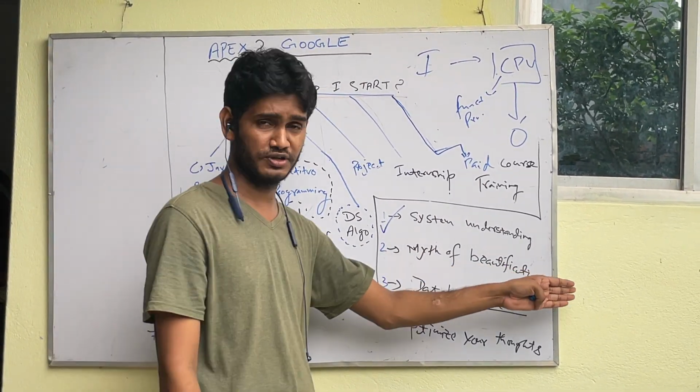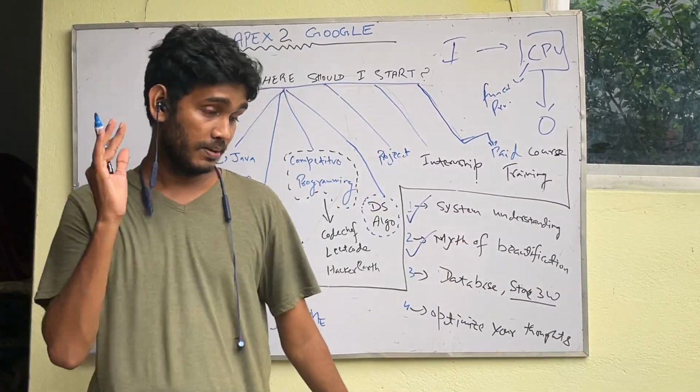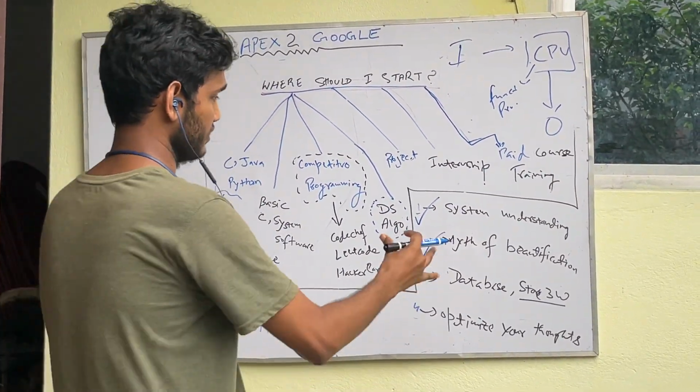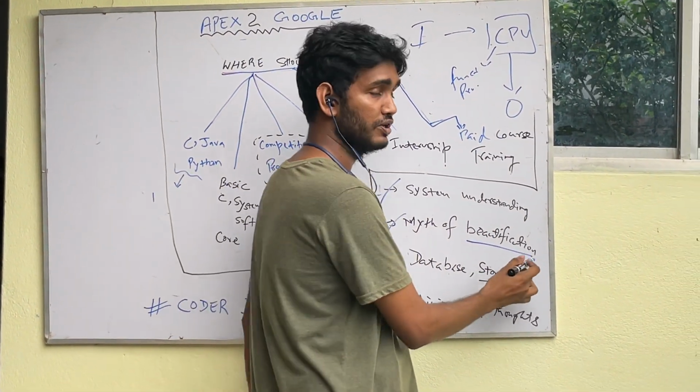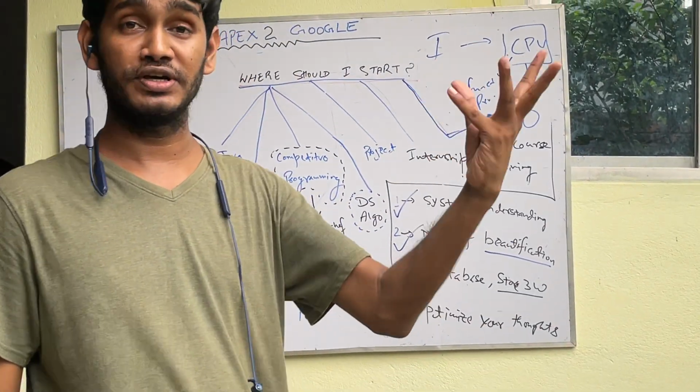The second is the myth of beautification. The word is very understanding, myth of beautification. It is basically a phrase I'm using to say you have to go beyond the beautification. What exactly is hidden there? What type of beauty is there?